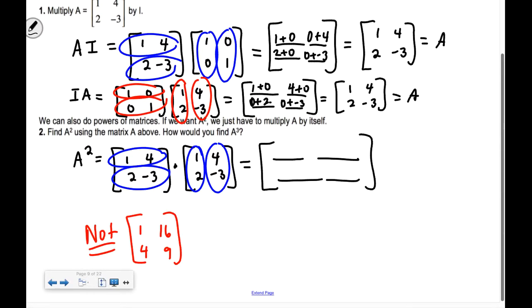So let's find it. If I'm finding A squared, I'm going to have 1 times 1 for my first spot, and then I move my fingers, 4 times 2 for my next spot. So I'm going to have 1 plus 8. The next one, 1 times 4 is 4, and then I move, 4 times negative 3 is negative 12. So I'm going to have 4 plus negative 12.